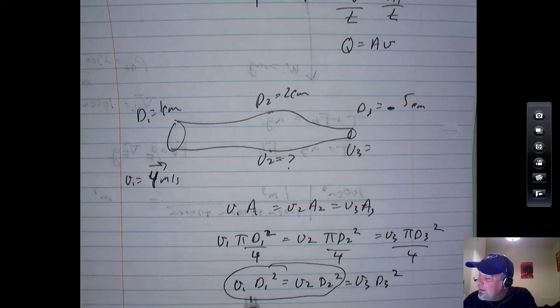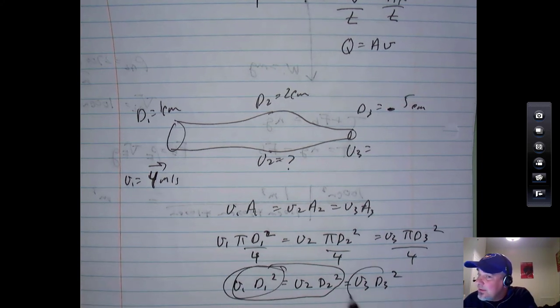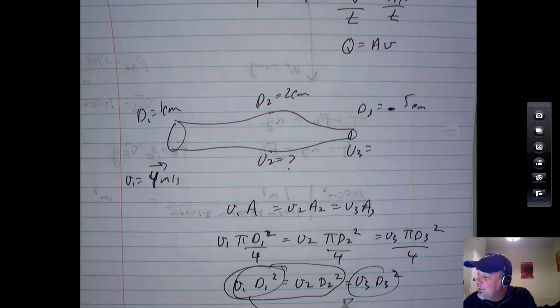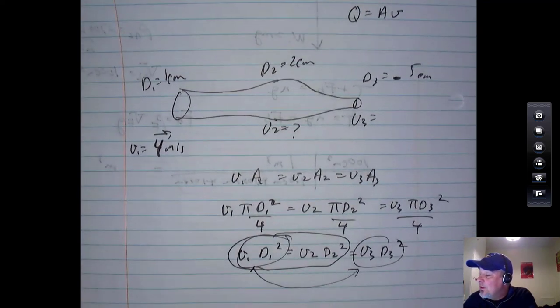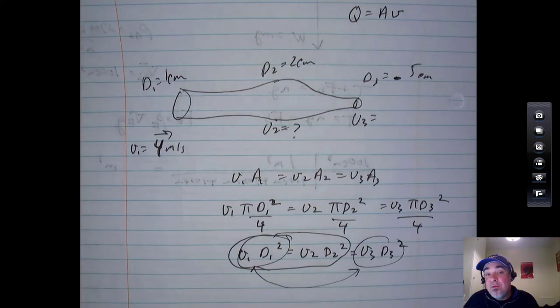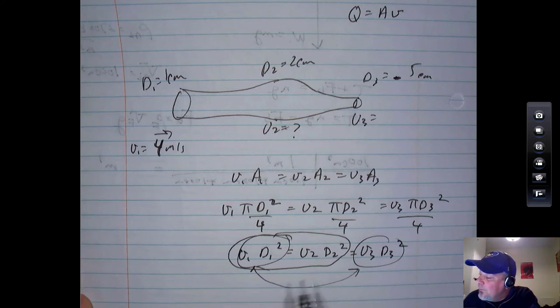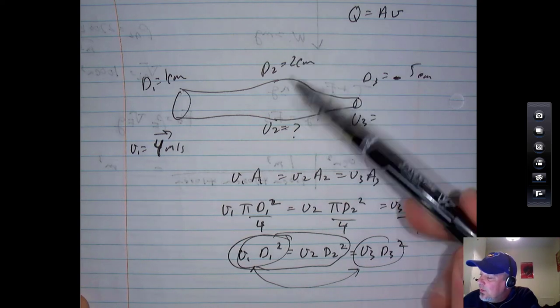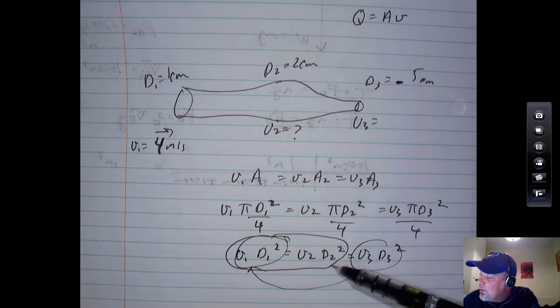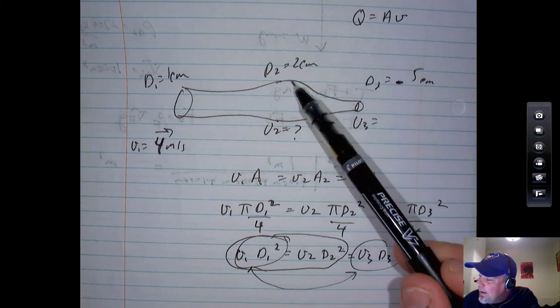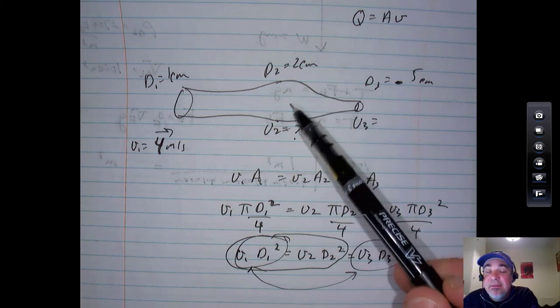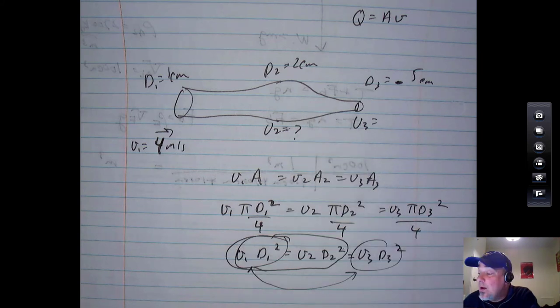Same idea here. You know this and this have to be equal to each other. The only thing that you don't know is what you're looking for. Or if you want to look at it like this, this is squared and this is squared. So if this diameter is twice as big, because of the relationship between D1 and D2, that it's squared, the speed's got to be 1/4 as much for the equality to hold true.